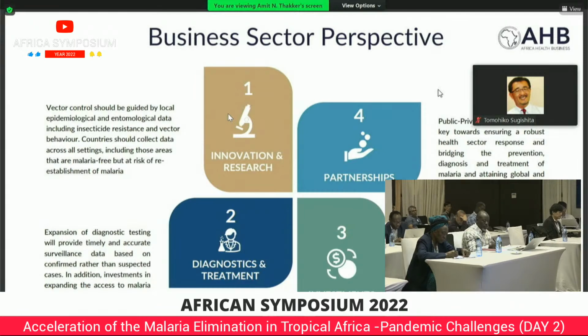Under diagnostics and treatment, I am glad to report that several companies are looking at making the diagnosis of malaria much easier, from the elaborate staining mechanisms in the lab to very easy point-of-care diagnostic systems that will have accurate and timely diagnostics of malaria.